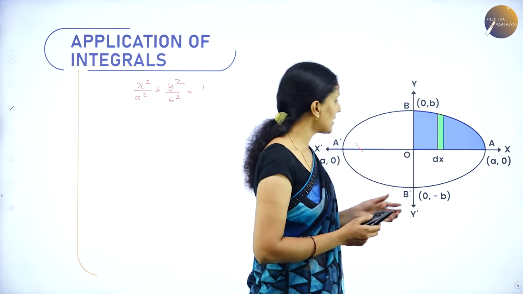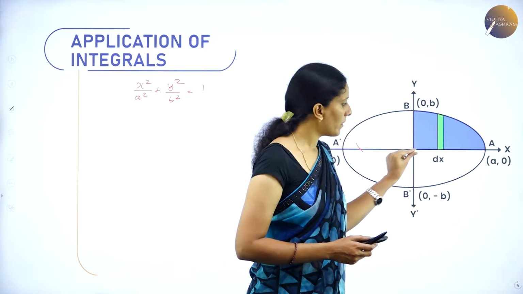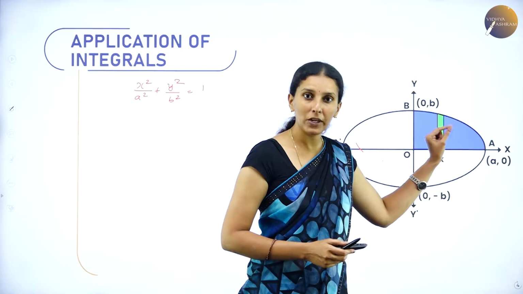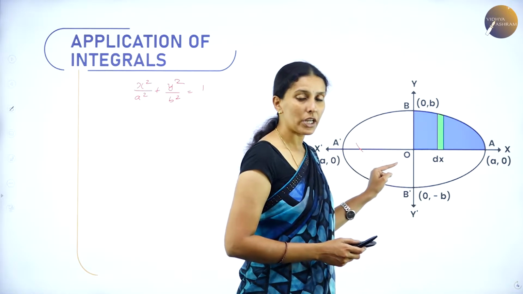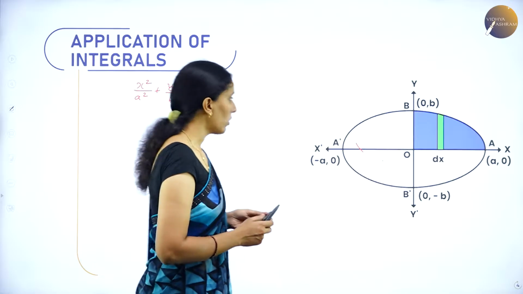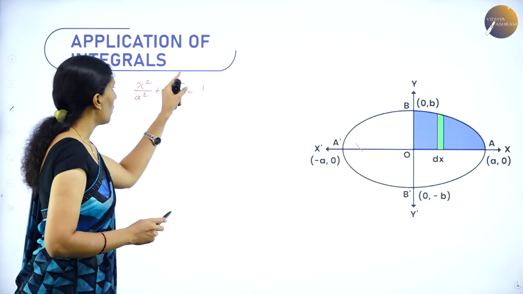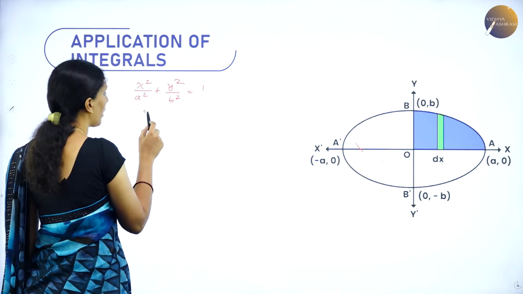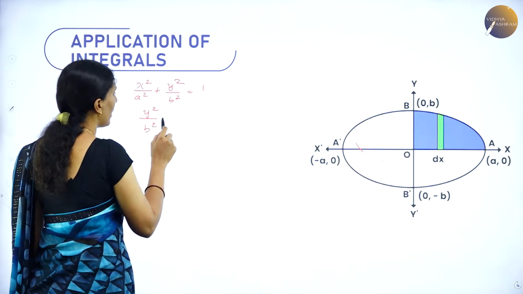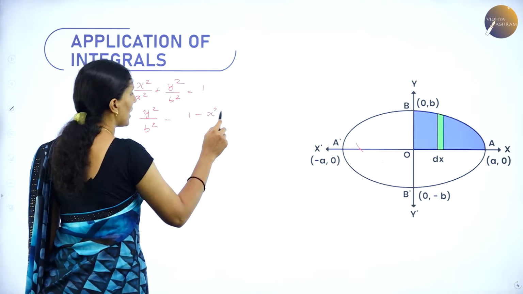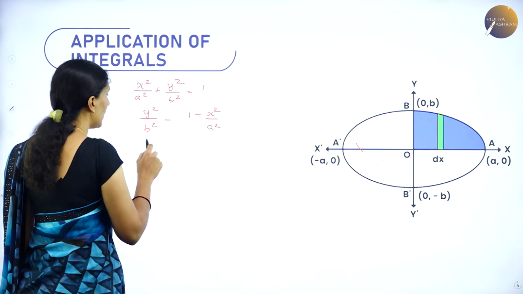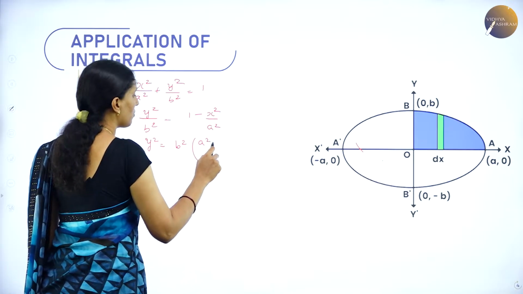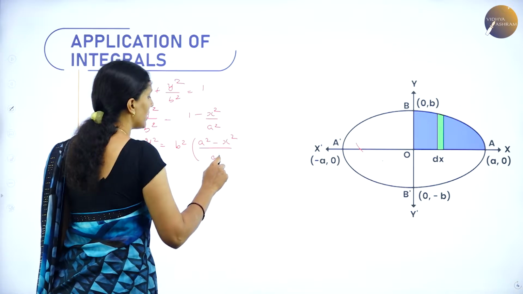So here also we can say the coordinates are from 0, 0 to a, 0, because we are integrating with respect to x, hence the coordinates must be taken with respect to x. Therefore here I need y actually. So here I have y square. If I need y here, what happens? y square by b square is equal to 1 minus x square by a square, and here it becomes y square by b square equals a square minus x square divided by a square.